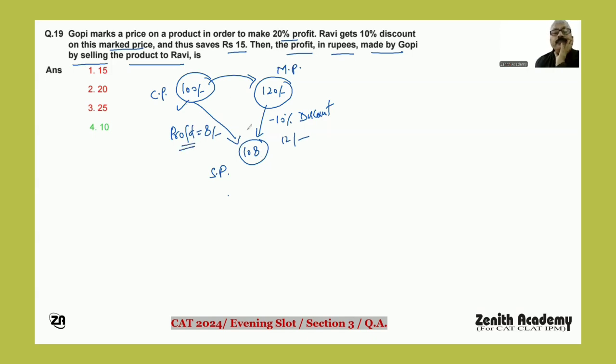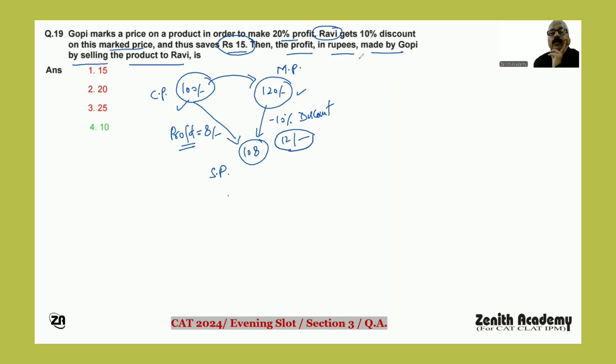रियल सिनेरियो में रवि को 10% डिस्काउंट मिला था एंड ही सेव रुपीज 50. ओके. As per my assumption, when the mark price is 120, offering 10% discount, Ravi is getting 12 rupees.